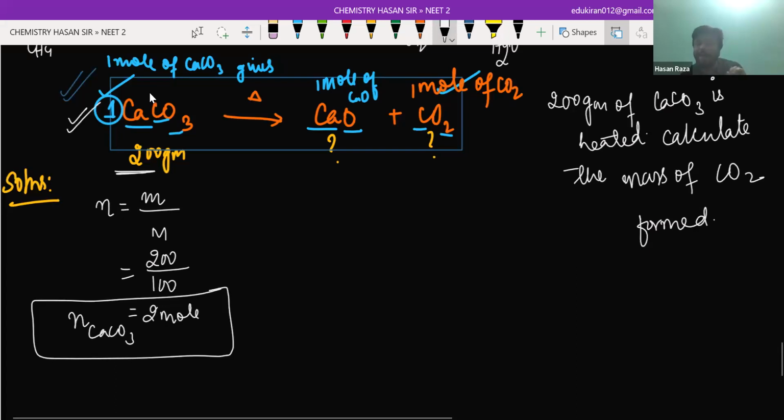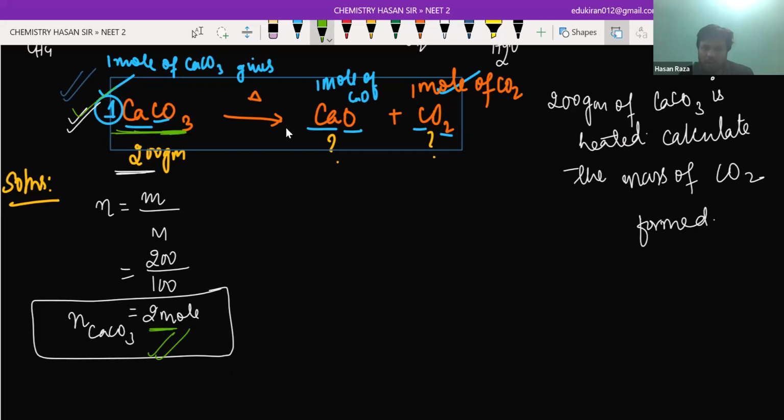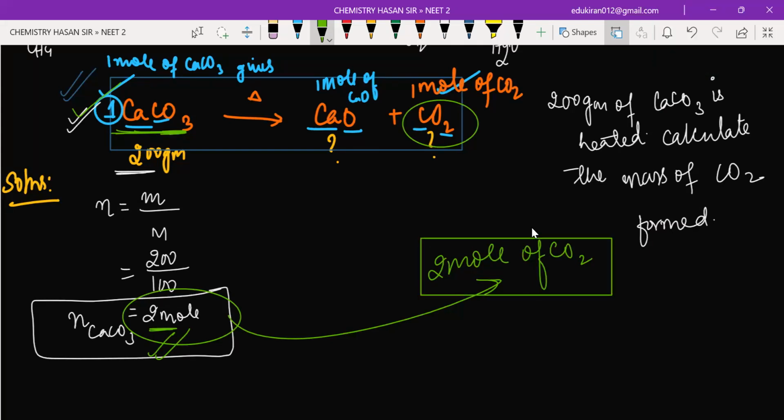But what we have originally, we have 2 moles of CaCO3, calcium carbonate. Yes or no? If 1 mole of CaCO3 will give 1 mole of CO2, so 2 mole of CaCO3 will give 2 mole of CO2. Yes or no? Rabia, are you getting my point? Yeah, sir.